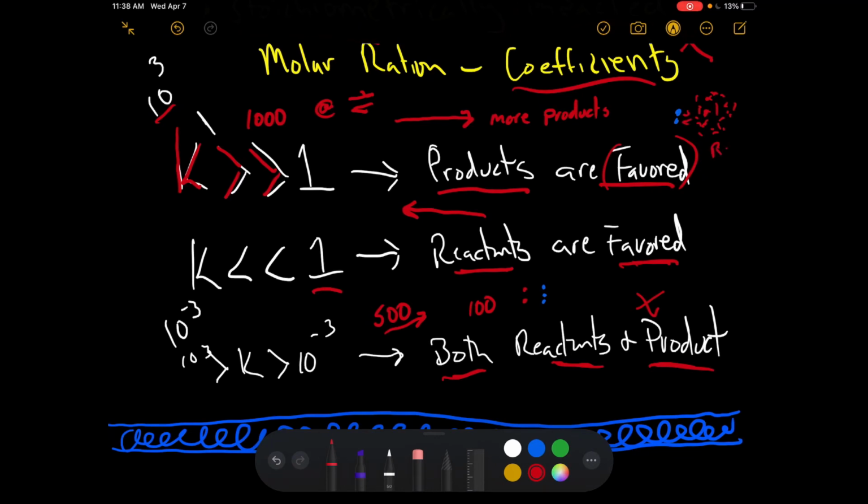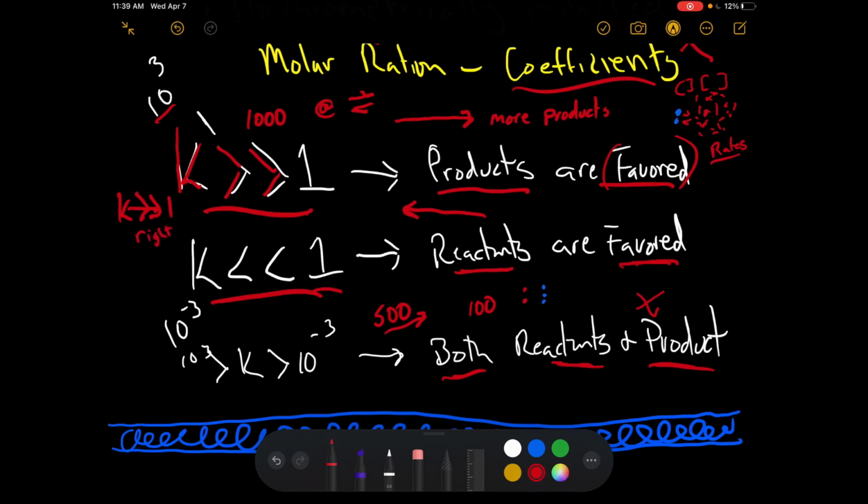Why? Because it's the rates that matter here in equilibrium. The concentrations are going to remain the same, but the rate is what we're looking at. So remember this: K greater than 1, you can just draw your arrows in and think, oh, it's going to the right.